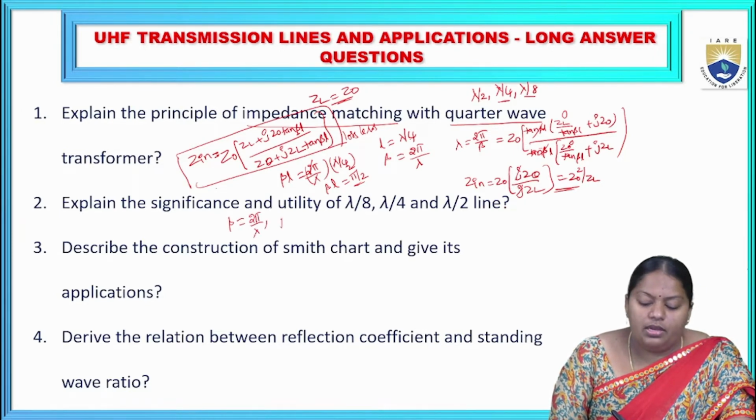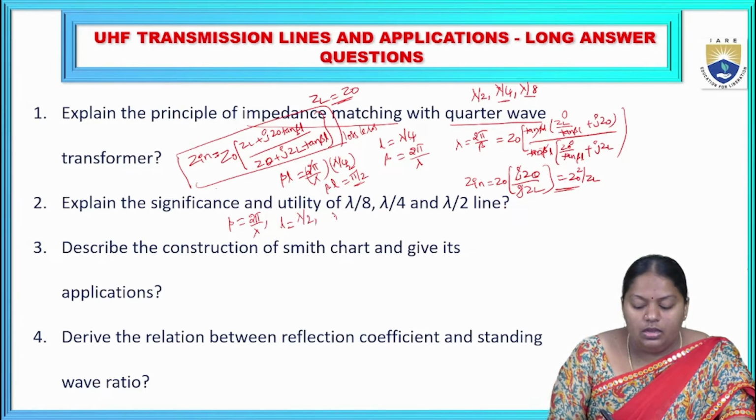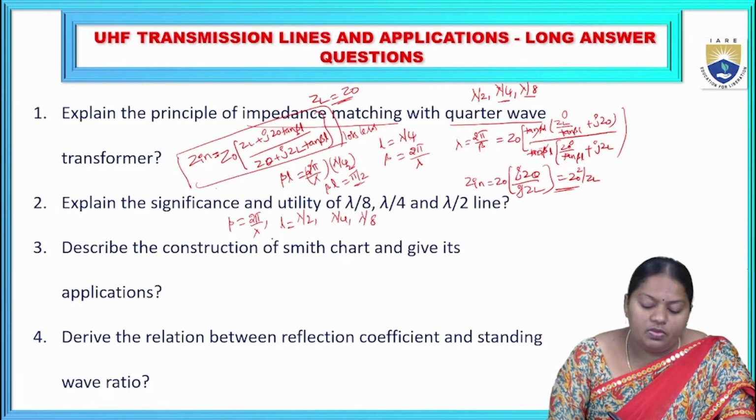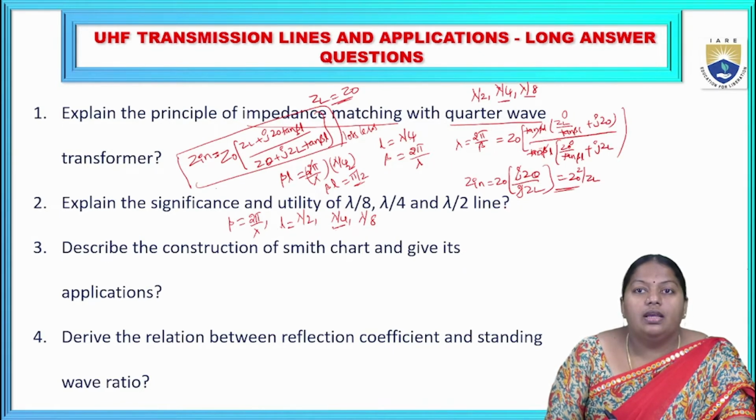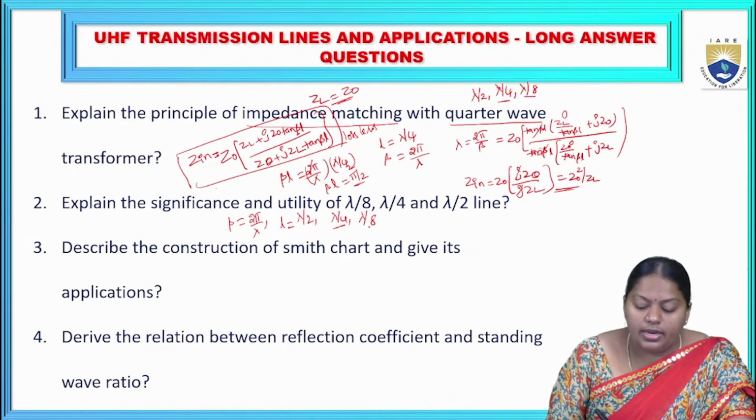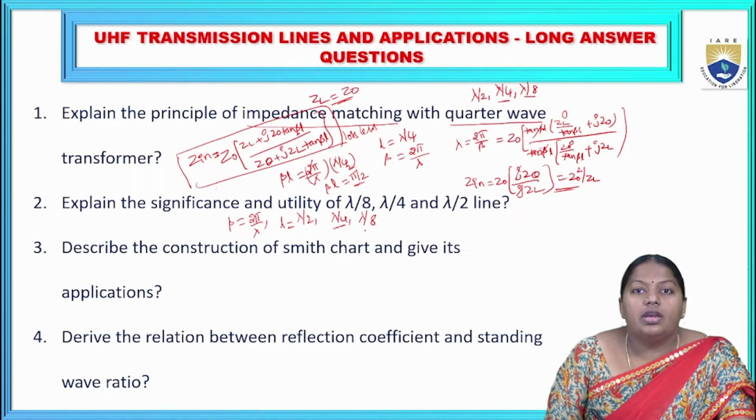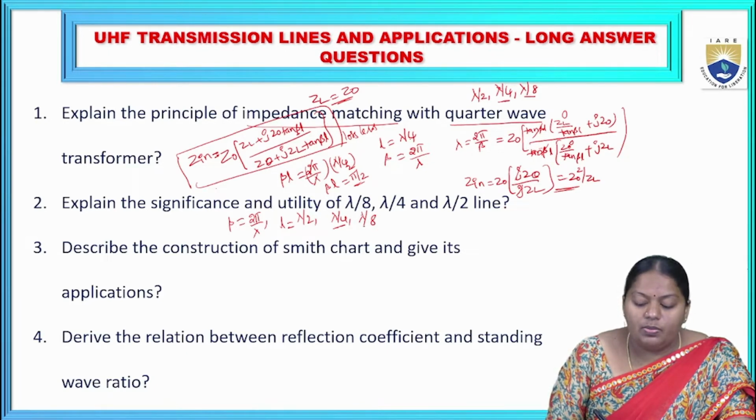In each case, we substitute beta, which in general is 2 pi by lambda, and every time the L value needs to be changed, from lambda by 2 to lambda by 4 to lambda by 8. One time we consider lambda by 2 as the L value, another time lambda by 4, and for the eighth wavelength line lambda by 8.